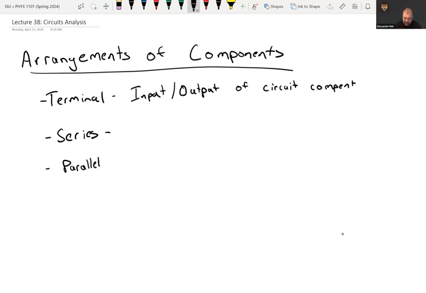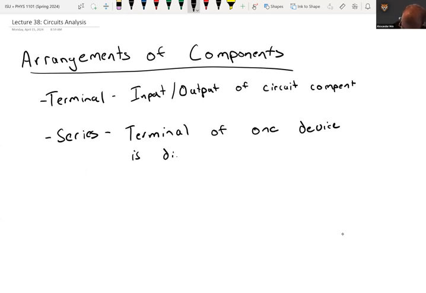Now, in order to do this, I'm going to define series and parallel in terms of terminals. And for series, we'll just put it this way. The terminal, and we'll draw a diagram. Terminal of one device is directly connected to a single terminal of the other.